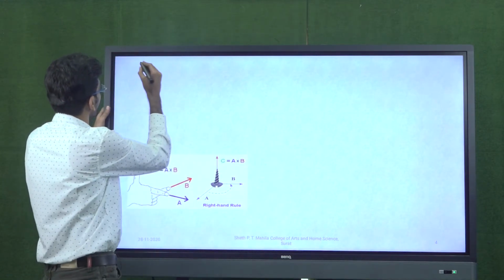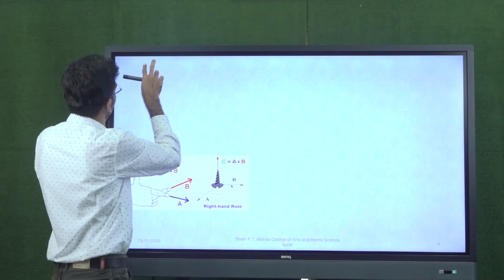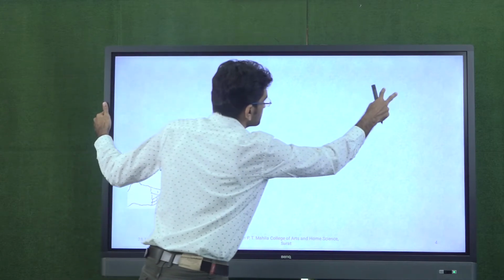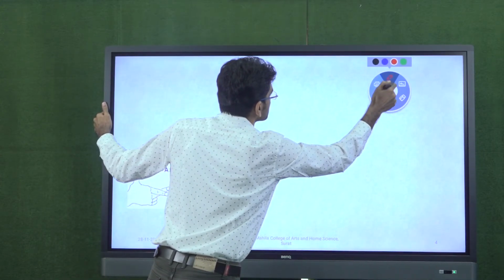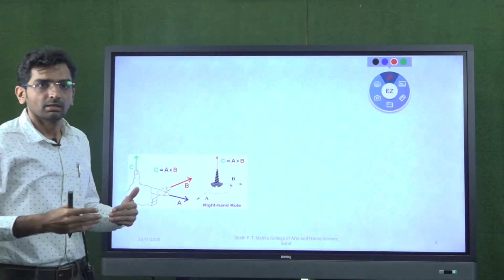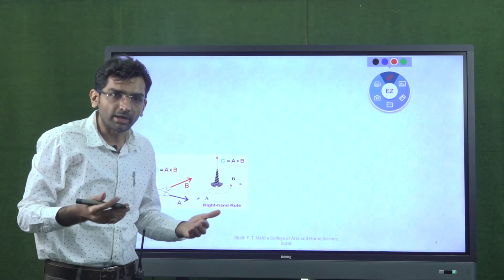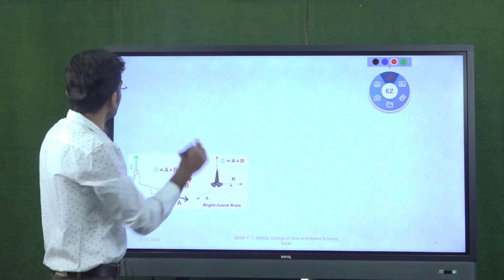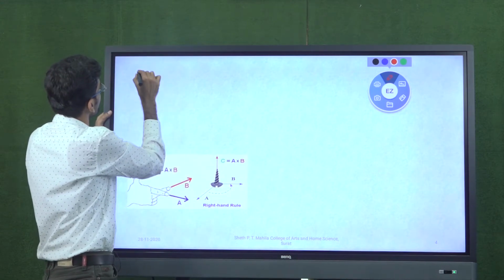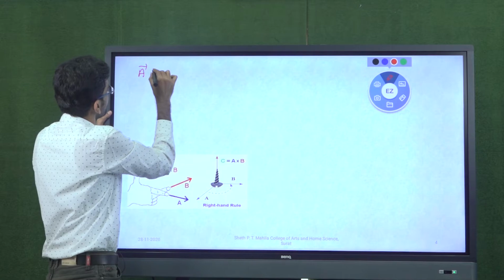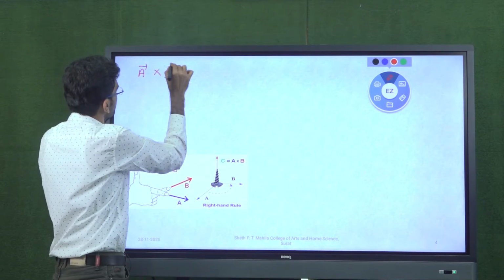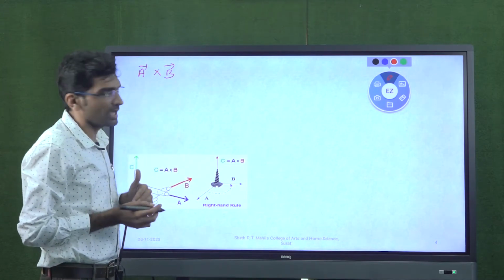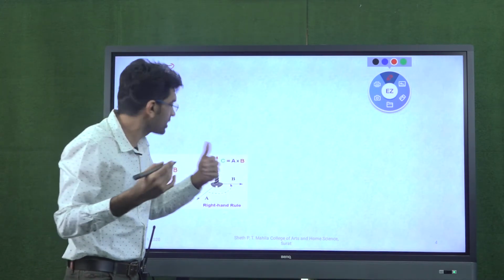Let's say I have two vectors, vector A and vector B. If I want to take the vector product of these two vectors, then A cross B. Whatever answer comes, that will be a vector only.